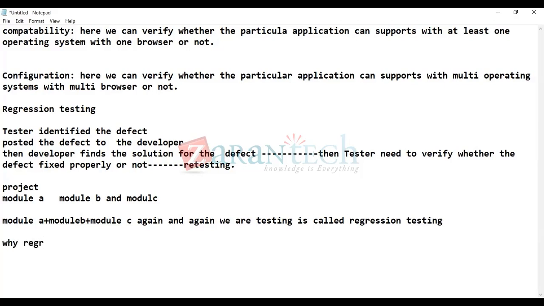Why regression testing? To know the side effects. Module A is working properly, module B is working properly, module C is also working properly, but if we put them all together and run from one place, we find the side effects, the interface problems.